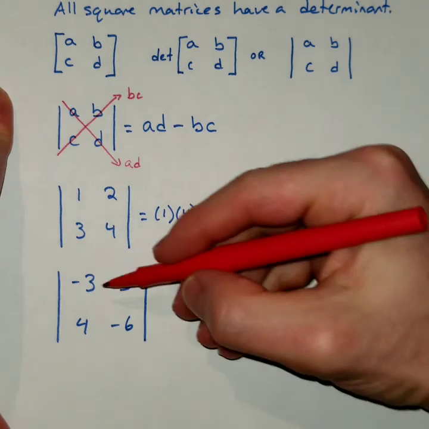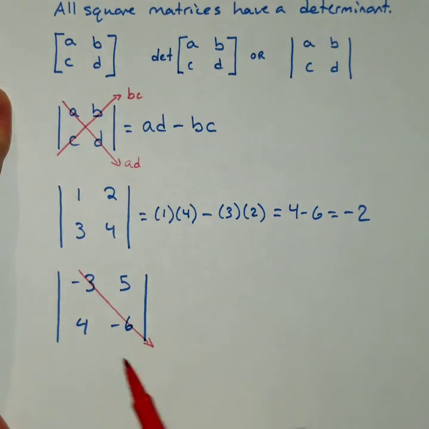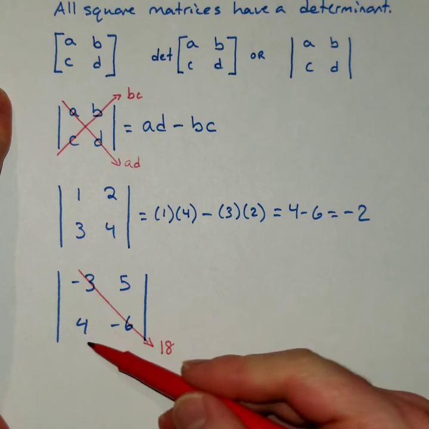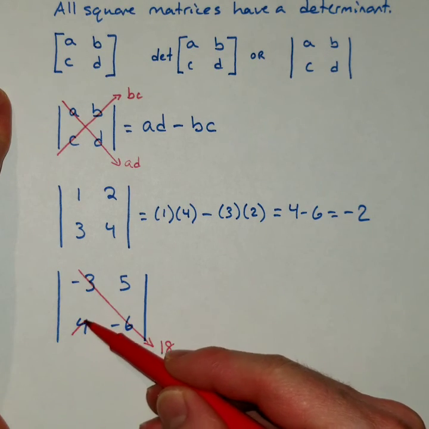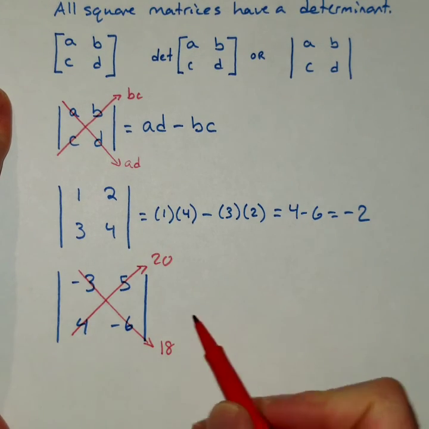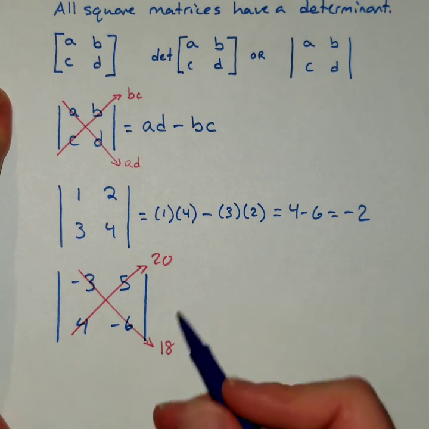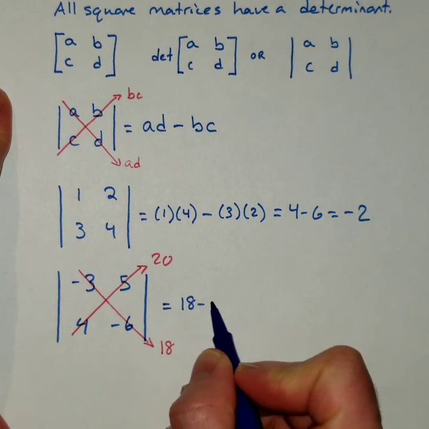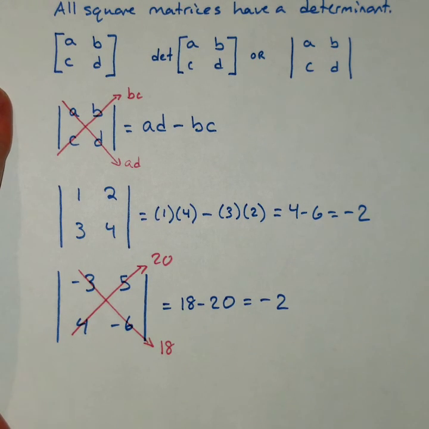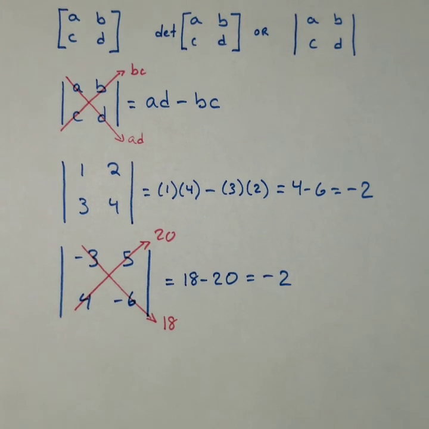If you do the AD part first, that negative and negative make a positive, that's 18. If you do the BC part next, that's a 20. And of course you do bottom minus the top, so the answer would be 18 minus 20, which again is negative 2. Interesting. I didn't plan that.